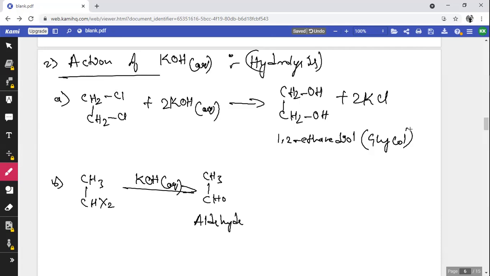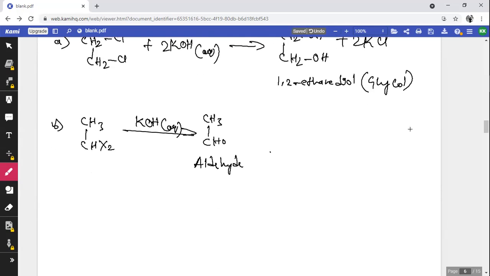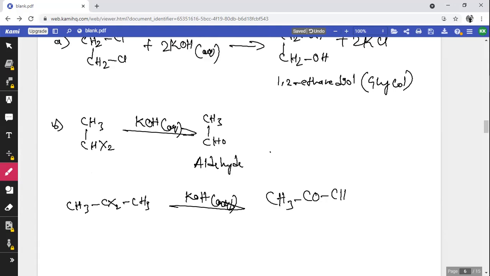Similarly, if I change the starting material like CH3CX2CH3, on treating with the aqueous KOH solution, it is going to form a ketone like CH3COCH3, that is acetone.